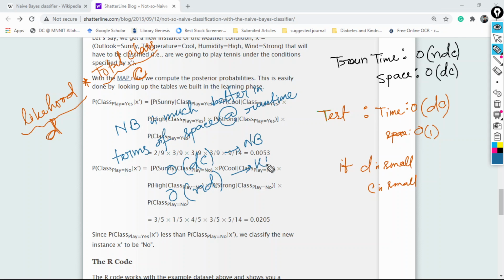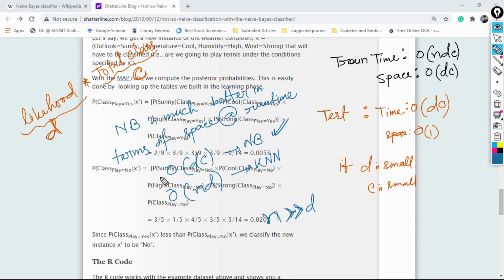In comparison of space, our naive Bayes is better than KNN. The space complexity for KNN is order of N, and N is generally very large compared to D. In datasets it generally happens that N is much larger than D. So for this space complexity comparison, our naive Bayes algorithm is much better than the KNN algorithm.